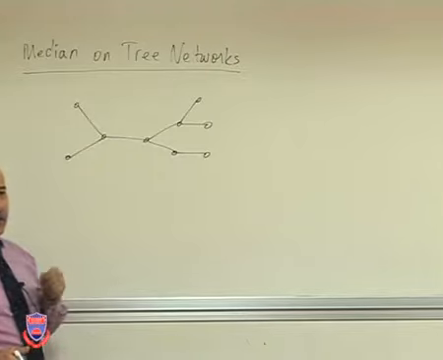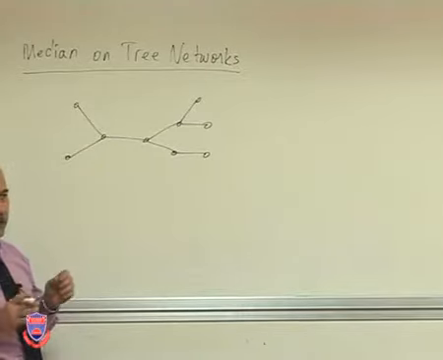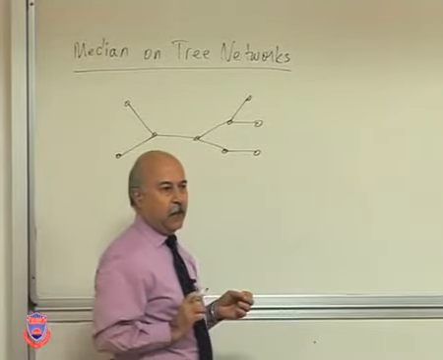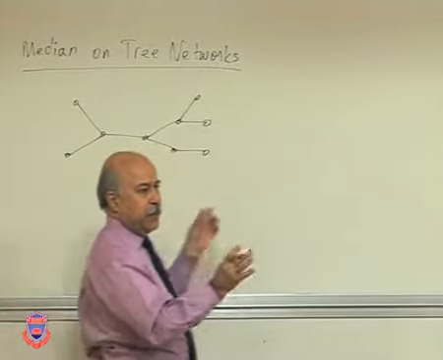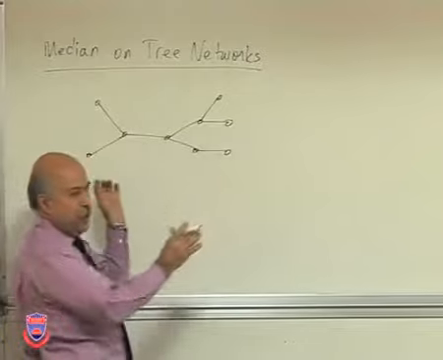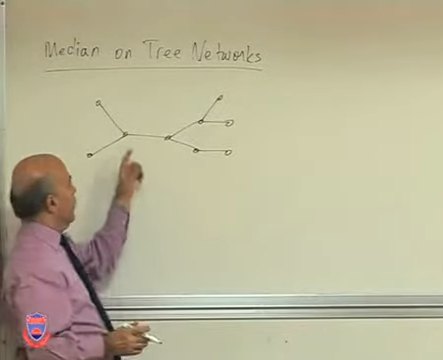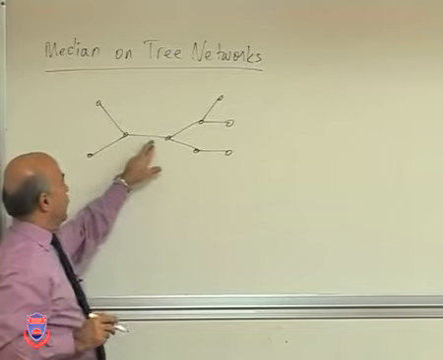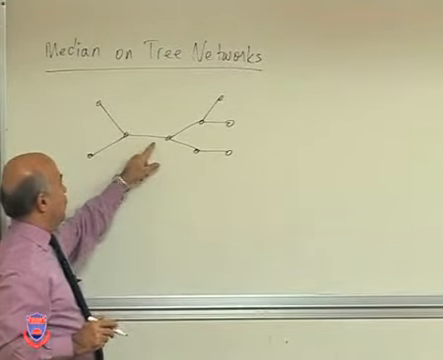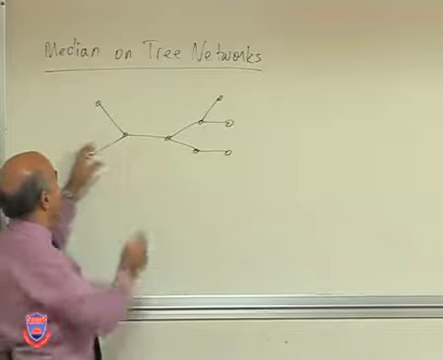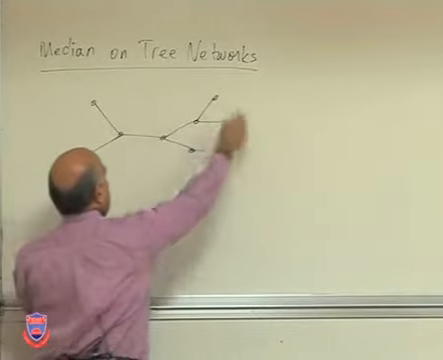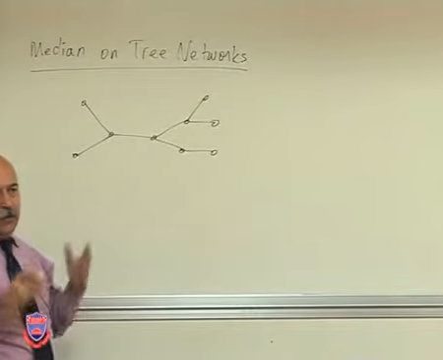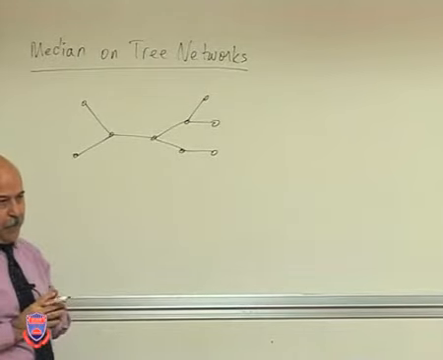Now, the Hakimi proof for the general network actually utilized that, but in that one, there was no splitting of the network into two parts. Of course, it could happen if you have a bridge type of arc, which means that you might have one part and another part, and there may be only one connecting arc between the two parts.